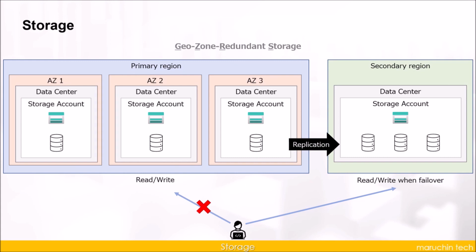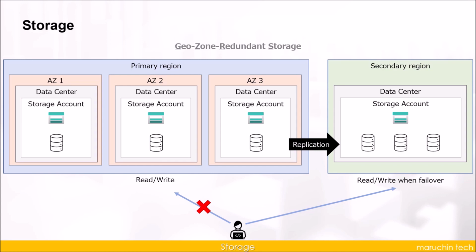Geo-Zone-Redundant Storage, or GZRS, combines the high availability provided by redundancy across availability zones with protection from regional outages provided by geo-replication.